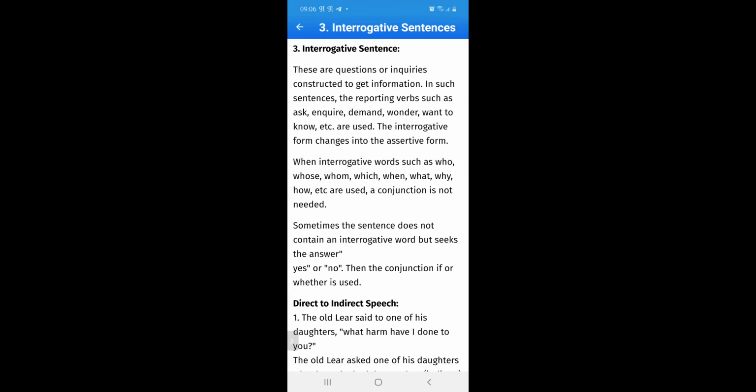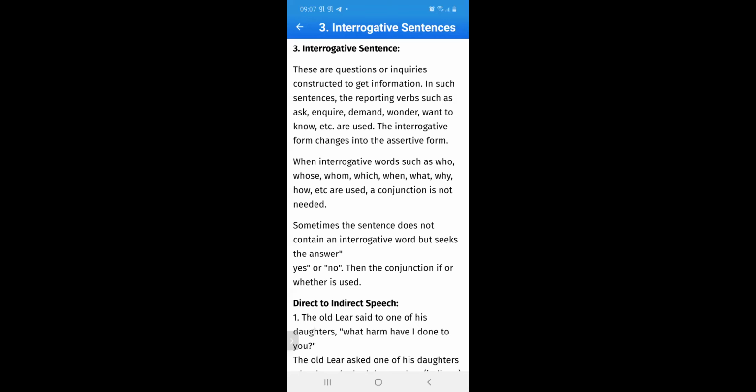Interrogative sentences. These are the questions or inquiries constructed to get information. In such sentences, the reporting verbs such as ask, inquire, demand, wonder, want to know, etc. are used. The interrogative form changes into the assertive form when interrogative words such as who, whose, whom, which, when, what, why, how, etc. are used.